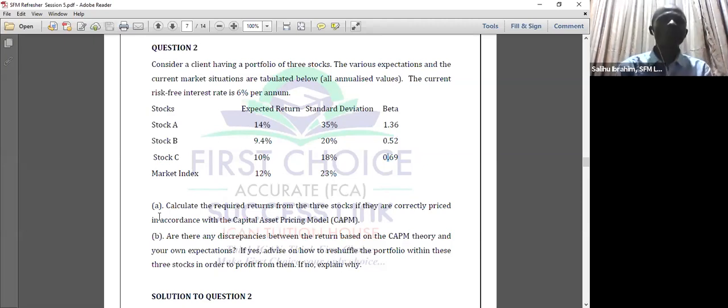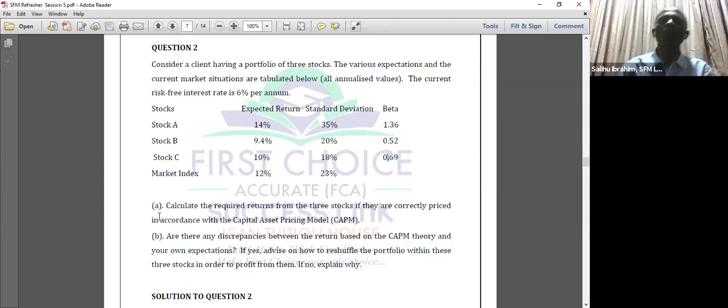What I'm trying to say in a nutshell is that whenever a question tells you to compute the risk of an investment, what the question is telling you is to compute the standard deviation of that investment. Okay, that's about that.